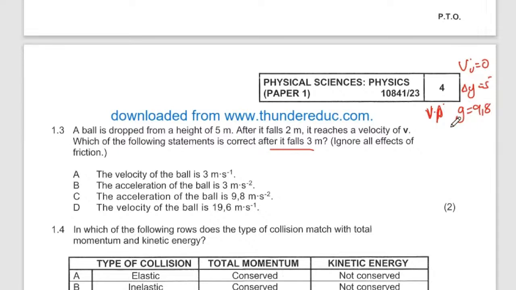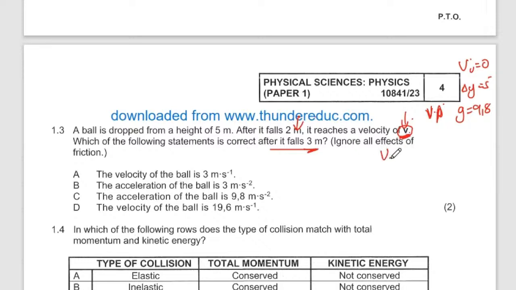Now after it has fallen 2 meters, it reaches a velocity. They want us to get a statement for 3 meters, telling us at 3 meters the velocity is going to be this. Let me first find what the speed is at 2 meters and then at 3.